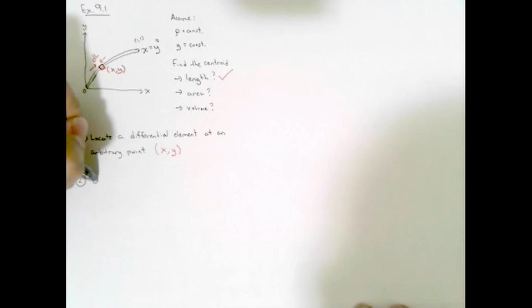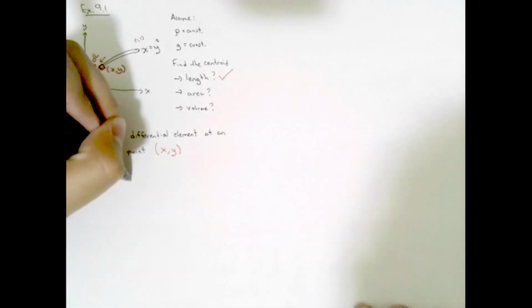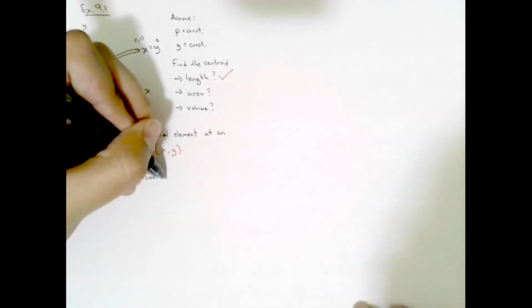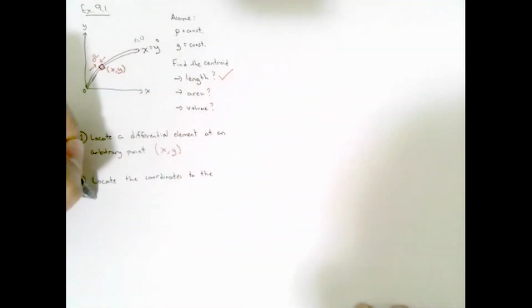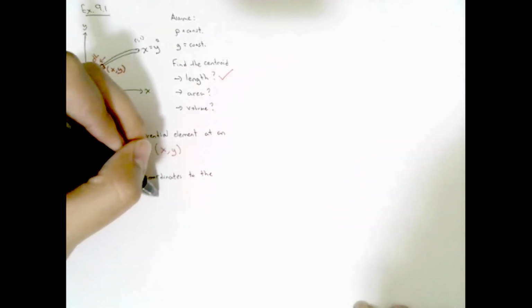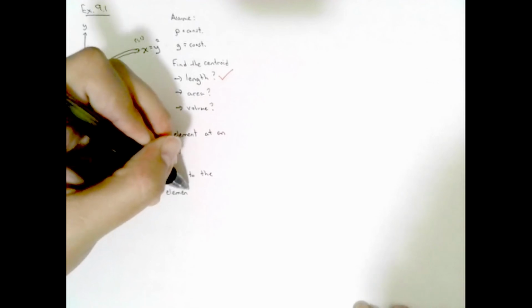Once you have your element, you will have to locate the coordinates to the centroid of that element. Now, when we did our differential analysis, we called those coordinates x squiggly and y squiggly.